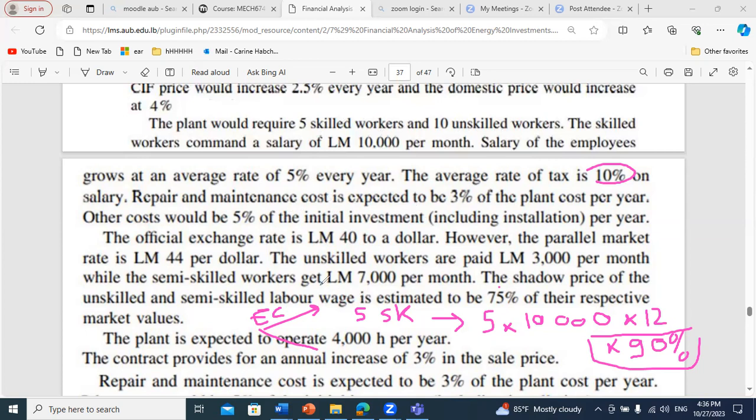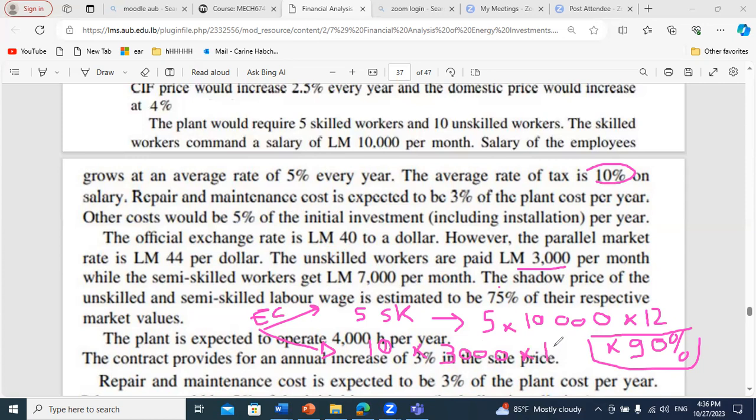So we should add now 10 times the salary of unskilled workers, which is 3,000. And because this is a salary per month, we should multiply by 12.